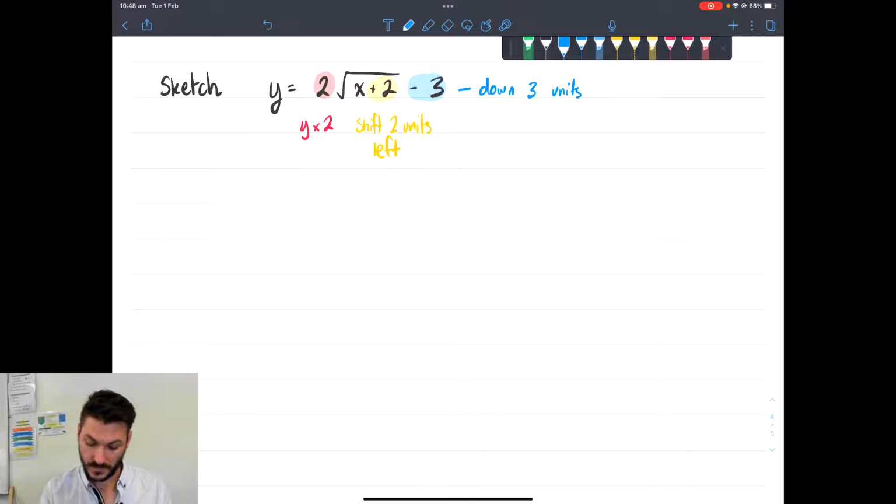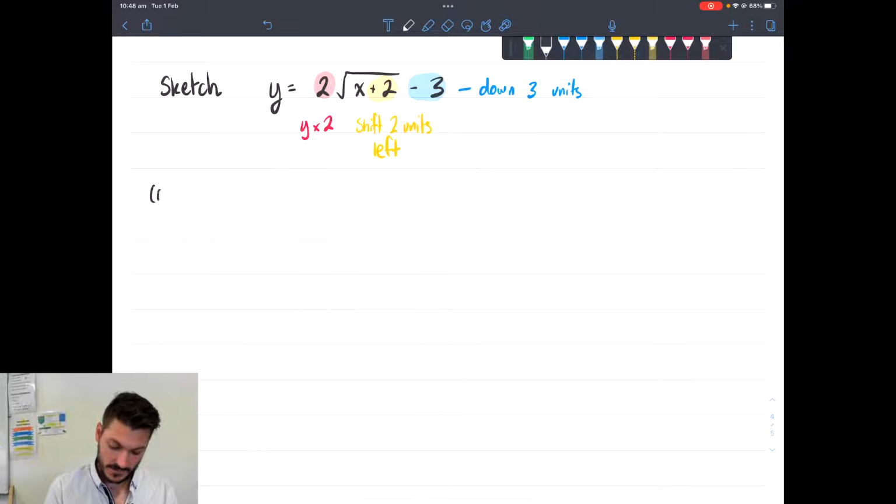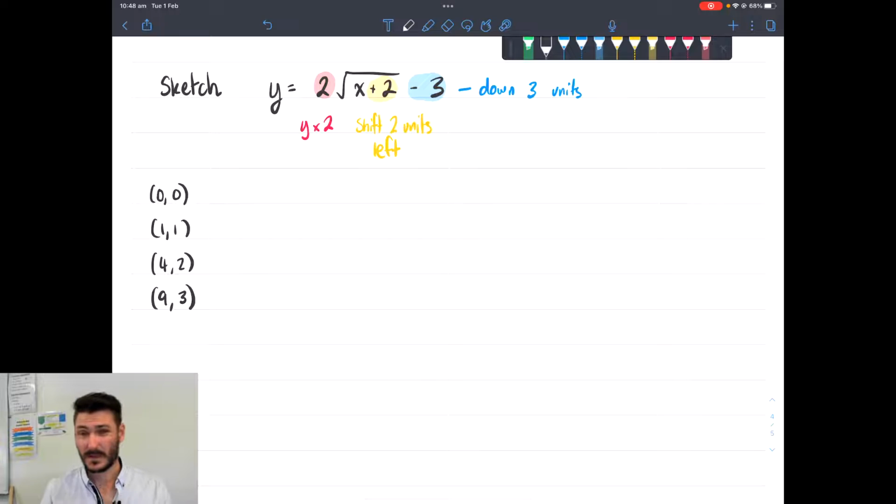We're going to subtract 3 from the y value. So what I'm going to do is look at those 4 points. I've got the point 0, 0, 1, 1, 4, 2, and 9, 3. Okay, so first I'm going to multiply all the y values by that red times 2.